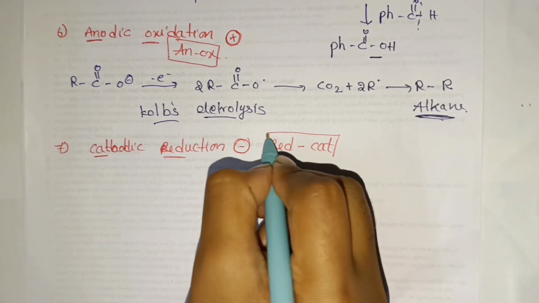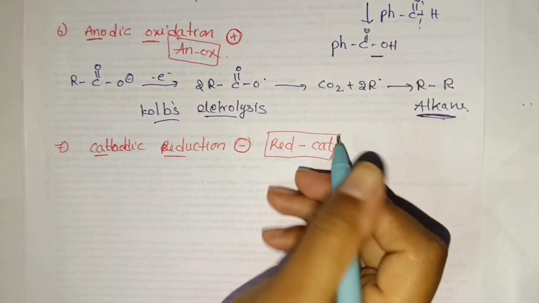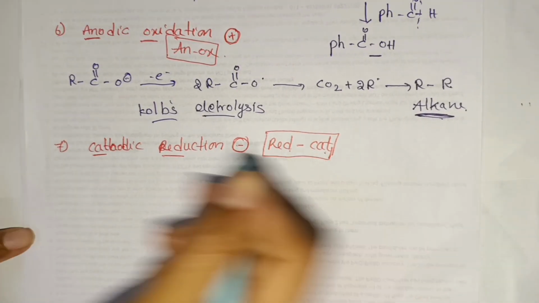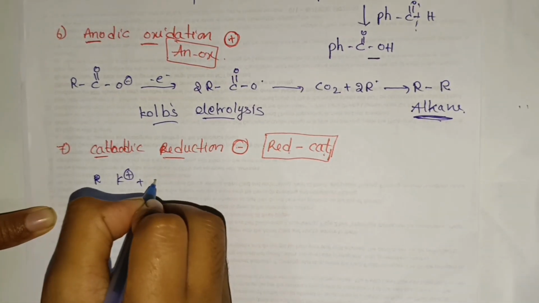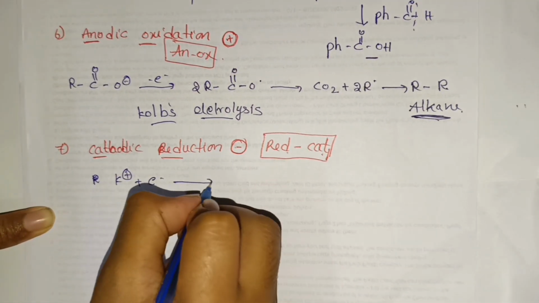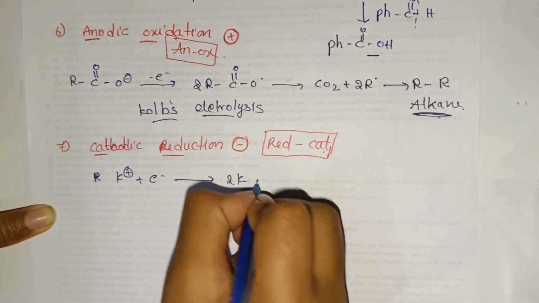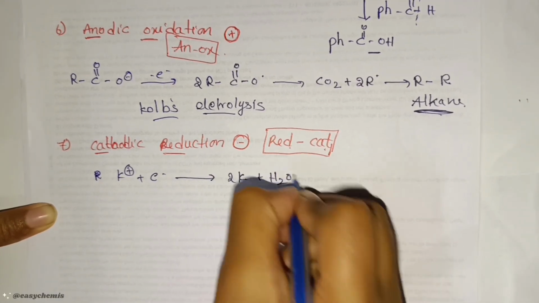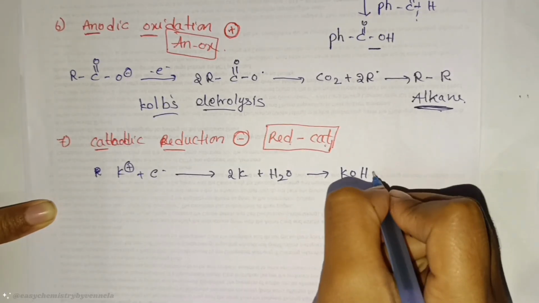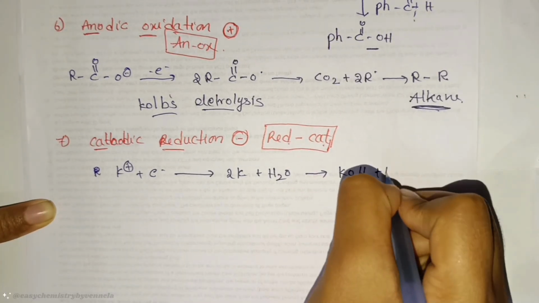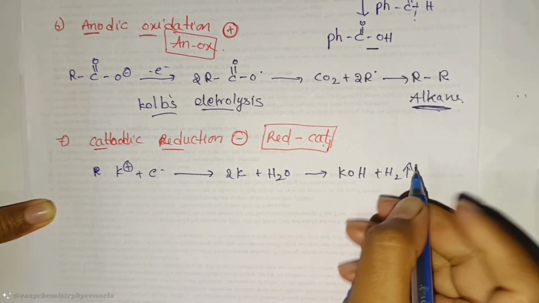You can remember red cat: reduction, cathodic. This cathodic and anodic are mainly important in electrochemistry, which is physical chemistry. Very important for NEET, CSIR NET, GATE, all competitive exams.